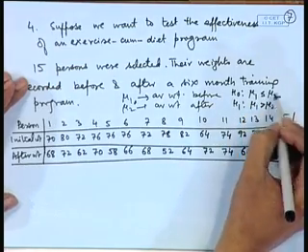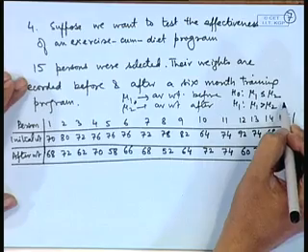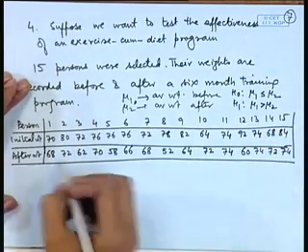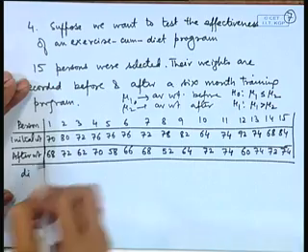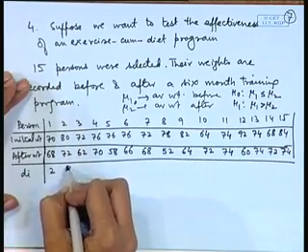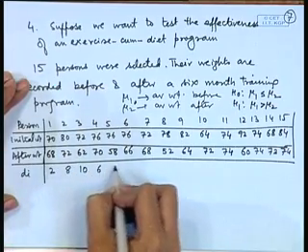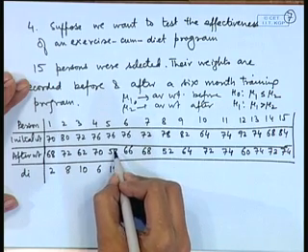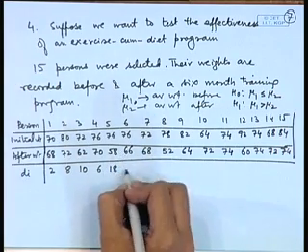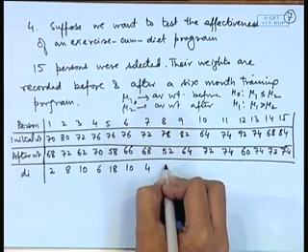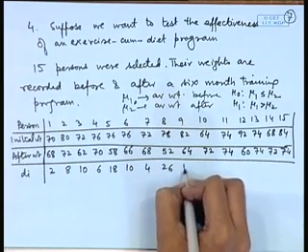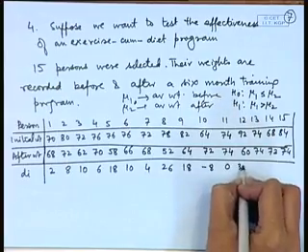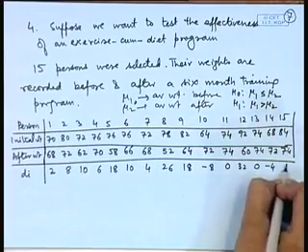So, mu1 is less than or equal to mu2 against mu1 is greater than mu2. If we consider here the differences di's: 2, 8, 10, 6, 18, 10, 4, 26, 18, minus 8, 0, 32, 0, minus 4, 10.